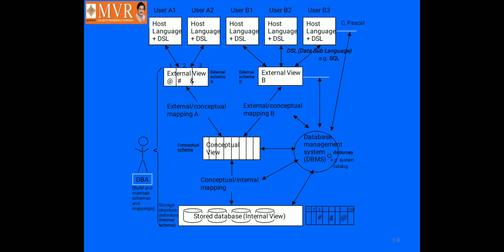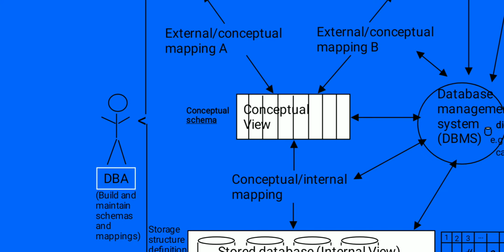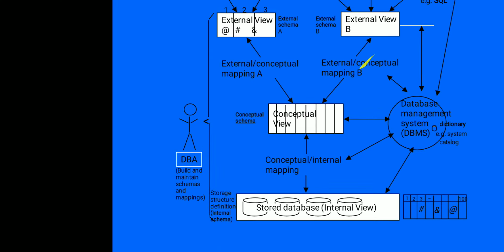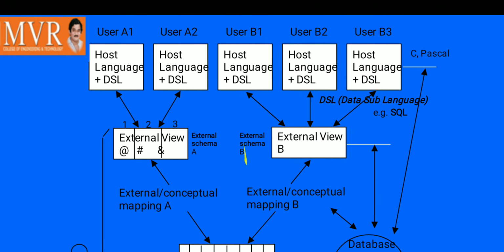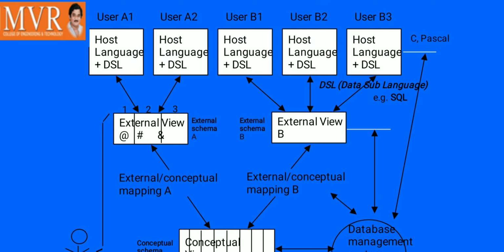User A1, user A2, user B1, B2 and B3. On the left side we have a DBA. The DBA builds and maintains the schema and mapping. At the top, users A1 and A2 are viewing external views, and B1, B2, B3 are seeing another external view.